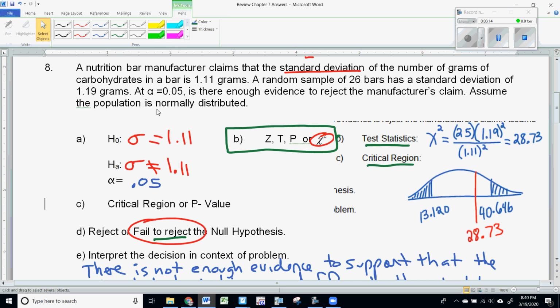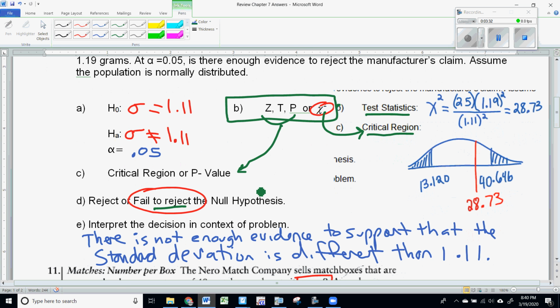So it depends on the type of test that it is, what you have. For chi-squared, we have our critical region. And since we fail to reject the null hypothesis, we say there is not enough evidence to support that the standard deviation is different than 1.11.